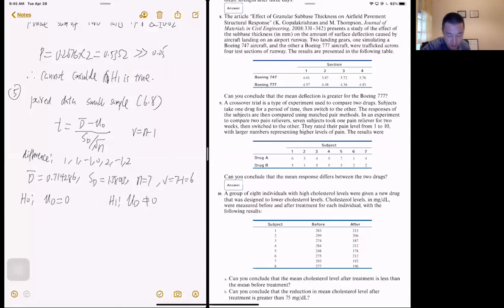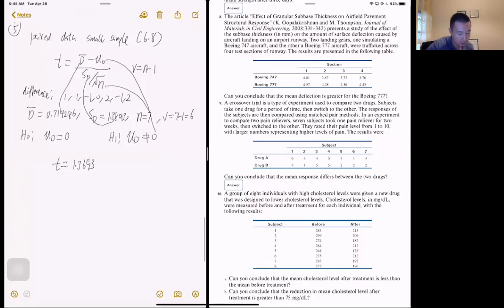All right. So then we calculate the t value, the t-score. The mean value of D, and mu 0 is equal to 0. Then the sample standard deviation, and the sample size is 7. So we calculate this t value: 1.3693. Okay.